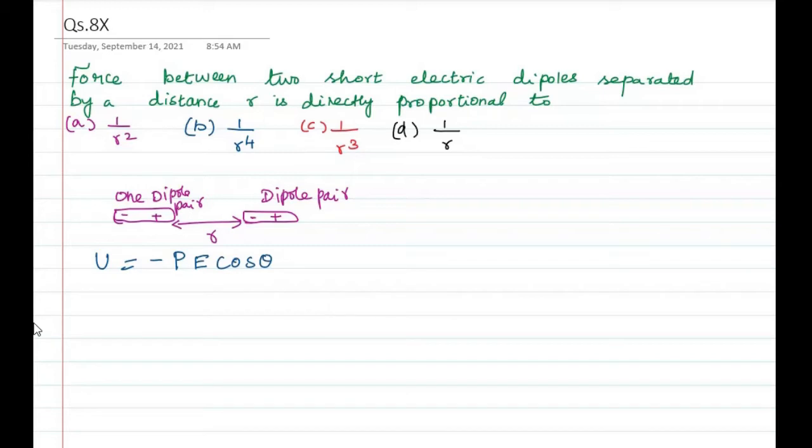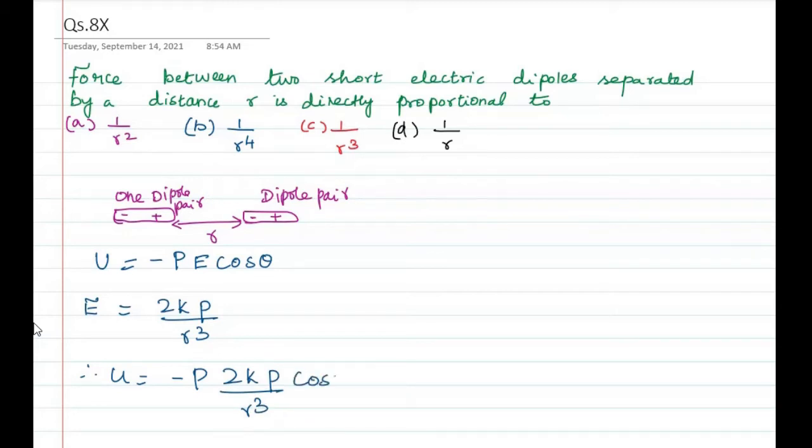Here P is the dipole moment, E is the electric field and theta is the angle. So what is E along the axial line? E is equal to 2kP divided by r cube. Therefore U will be equal to minus P into 2kP by r cube into cos theta.